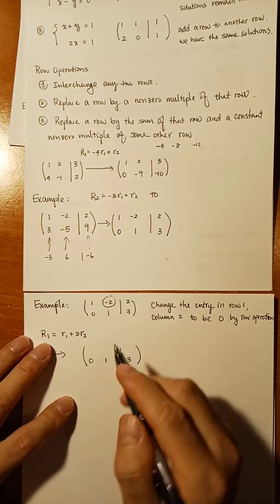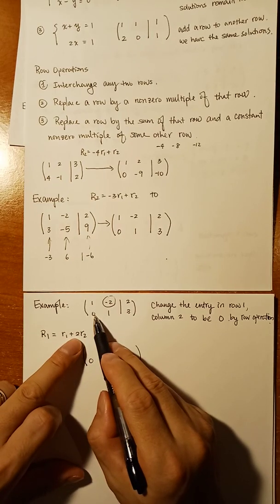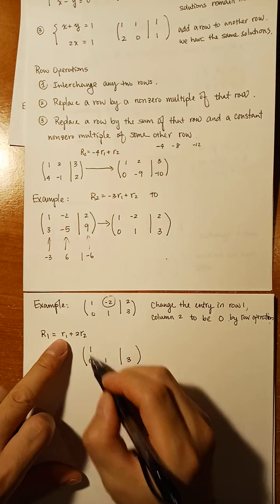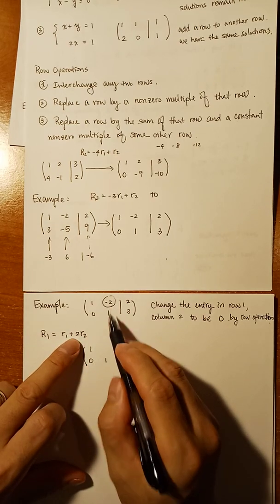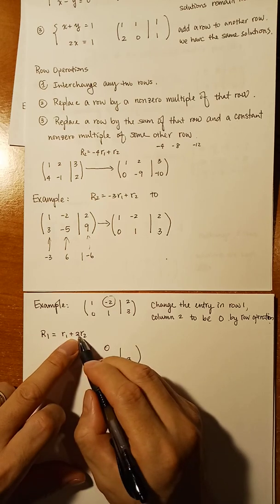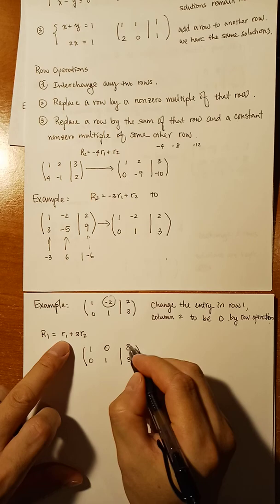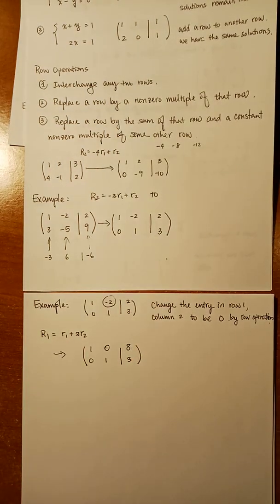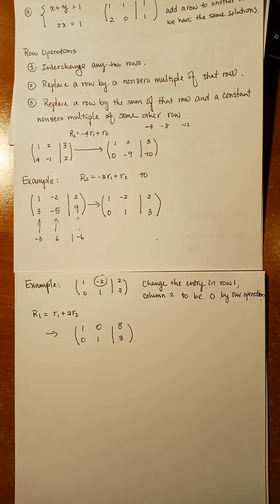We only change the first row. 2 times 0 is 0, plus 1 is 1. 2 times 1 is 2, plus -2 is 0. 2 times 3 is 6, plus 2 is 8. This is the new first row after the row operation.